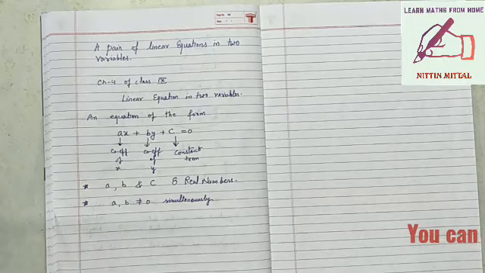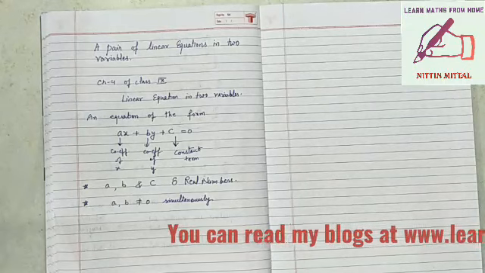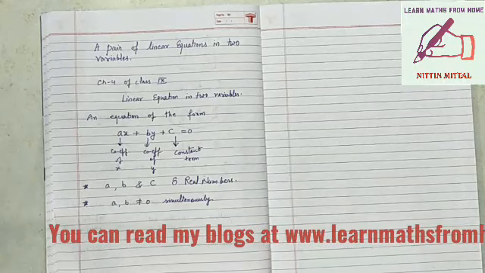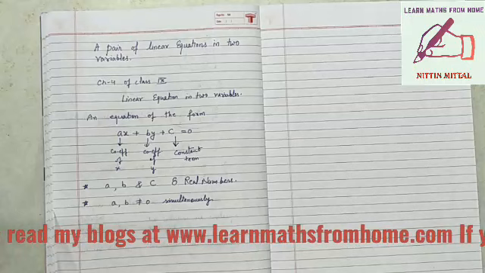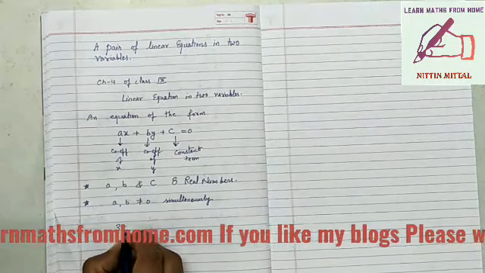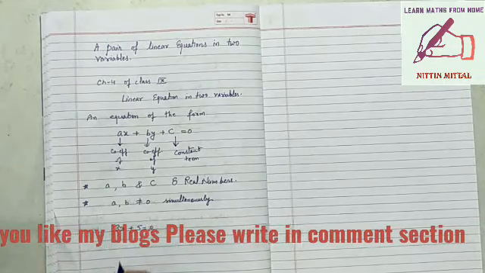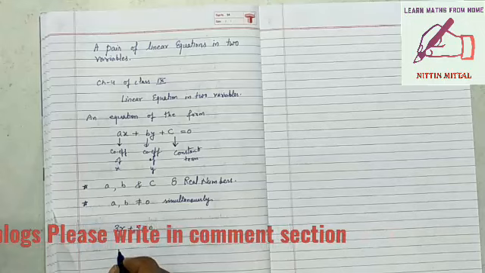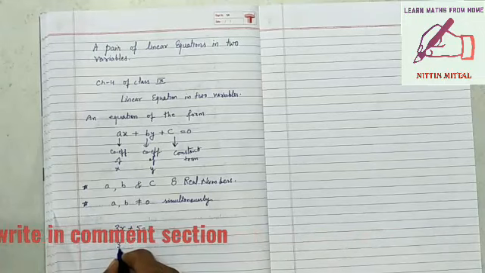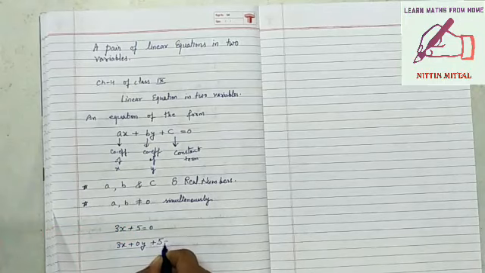Now, what will happen if a is equal to 0 or b equal to 0 or both a and b are equal to 0? So let me take one example. Think, what is 3x plus 5 equal to 0? If I want to write it as linear equation in two variable, so I will write 3x plus 0y plus 5 equal to 0.